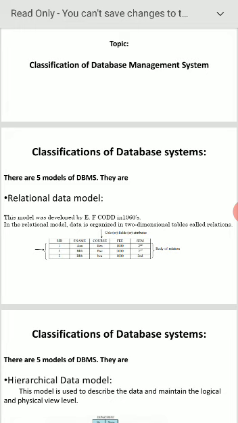Columns are also called fields or attributes. In the figure, there are columns: name, course, fee, SID. Each row is called a tuple, also called a record. Each column is called a domain.